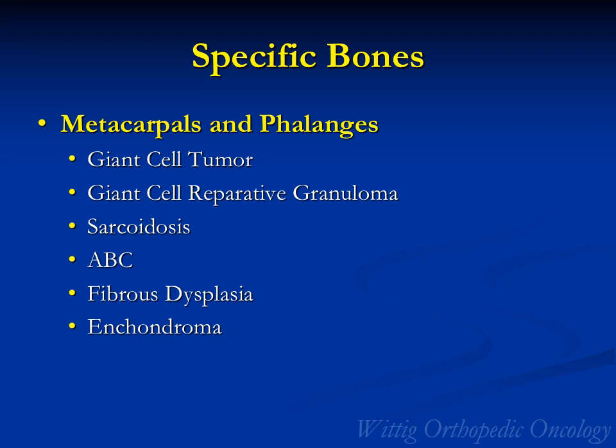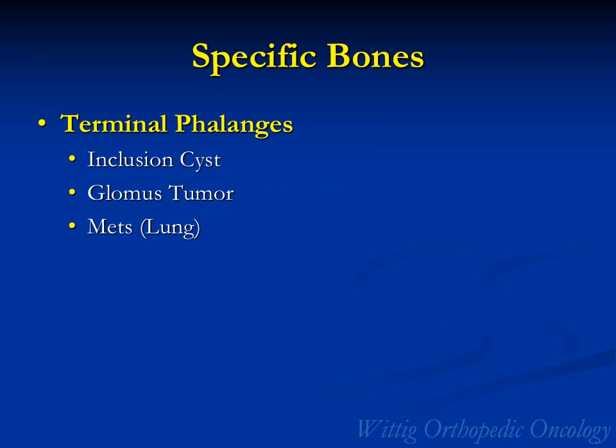Enchondromas actually are more likely to affect phalanges as opposed to metacarpals. For the terminal phalanges, the differential of lesions in that location includes inclusion cysts, glomus tumors, and metastatic lung cancer.